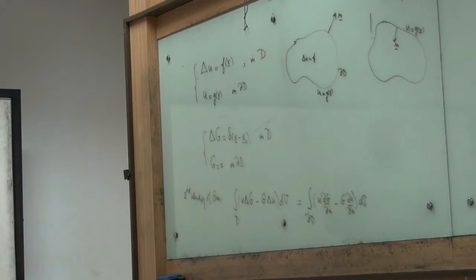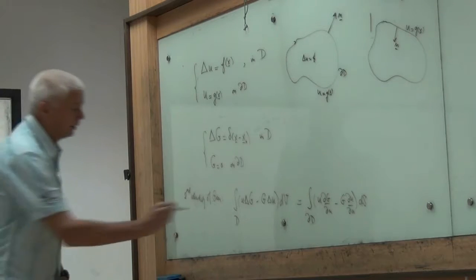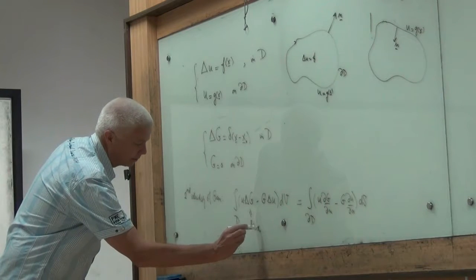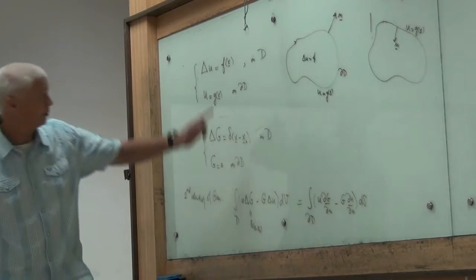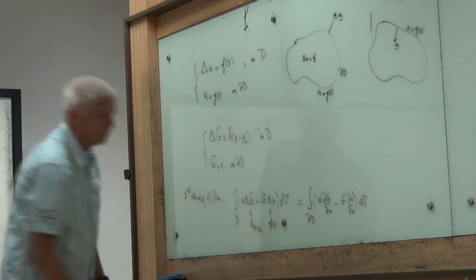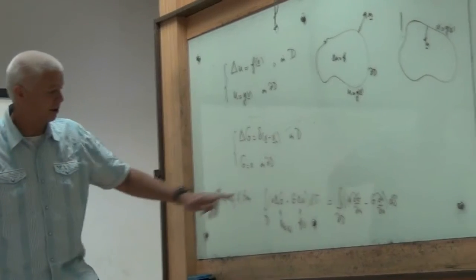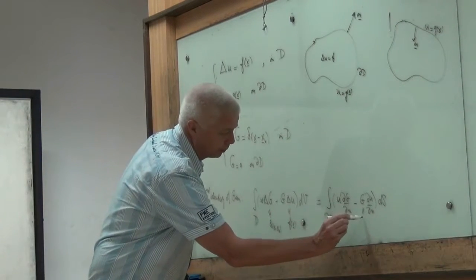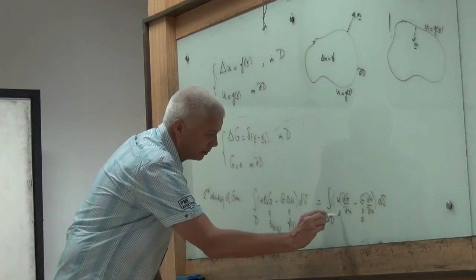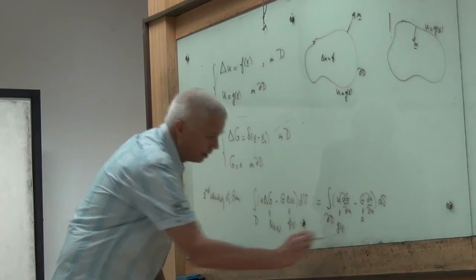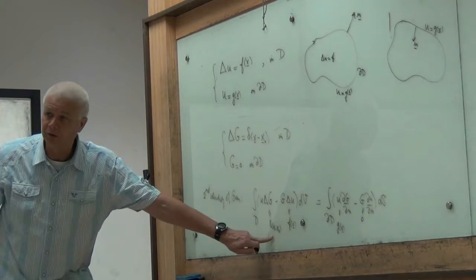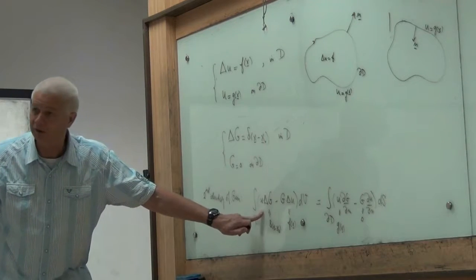In this particular case, if you look at this problem, you see that over here I have delta(x minus x0), and Laplace u is equal to f. And what do we have? G is 0 on the boundary. So for this problem, G is equal to 0, and we have that u is g. That means we can integrate this directly, because u times the delta function gives me u(x0).